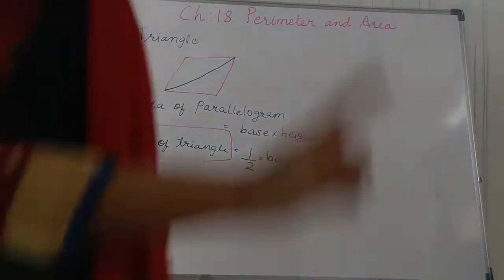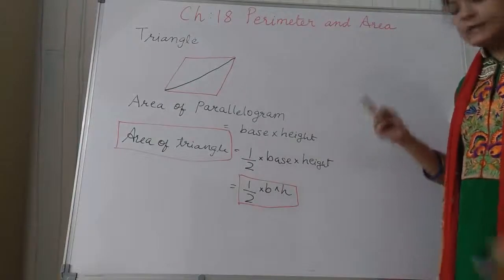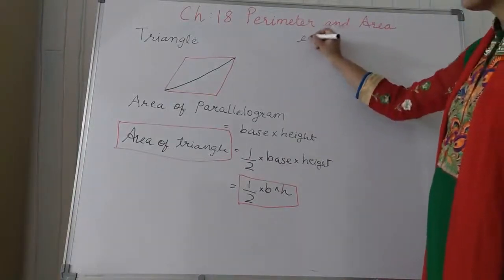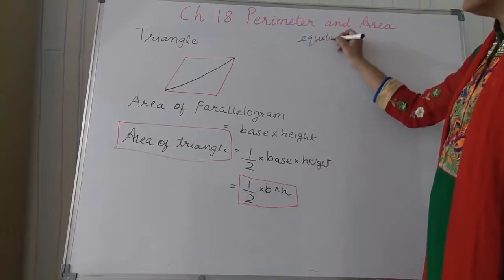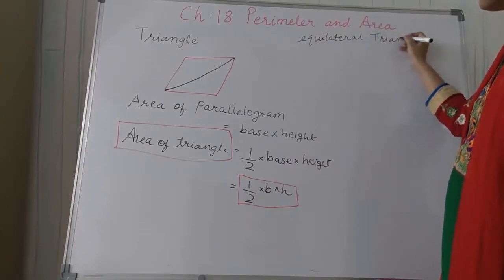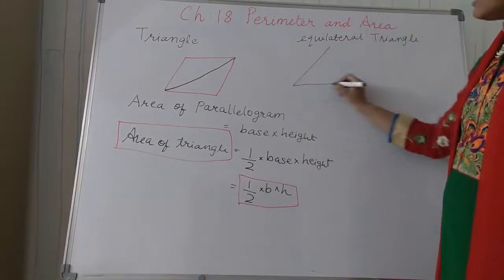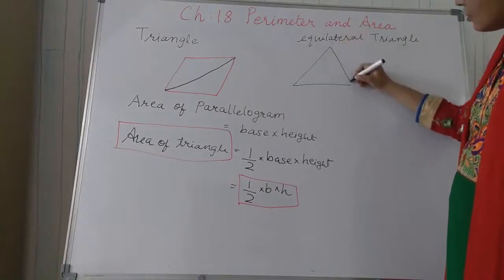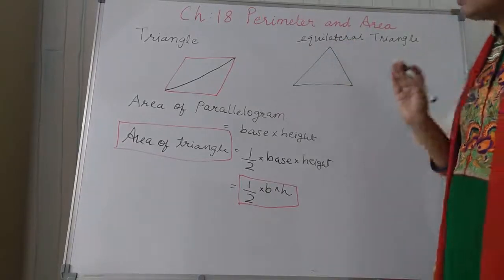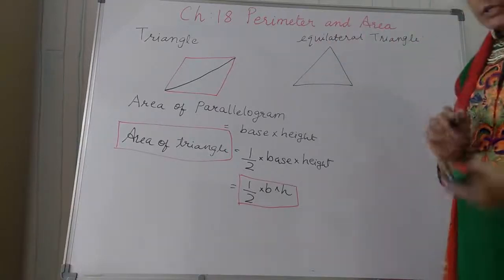Now students, what is the meaning of equilateral triangle? Let us study the equilateral triangle area. First of all, a triangle whose all three sides are equal in measure, we say it is an equilateral triangle.